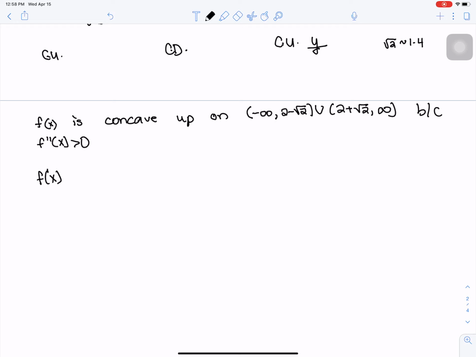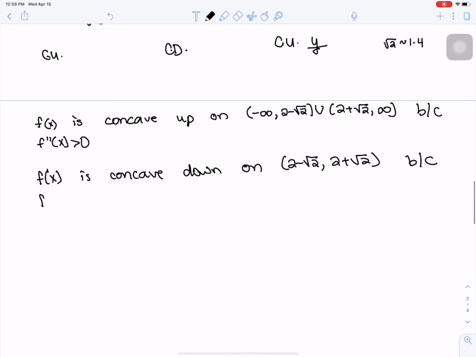F of x is concave down on the interval between the two of them because the second derivative is negative.